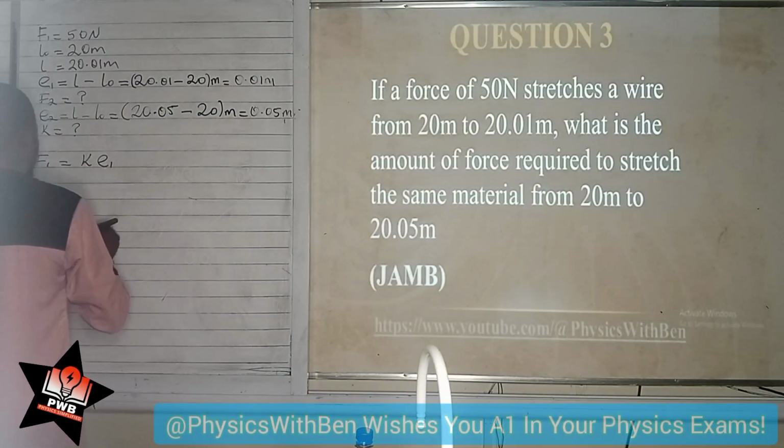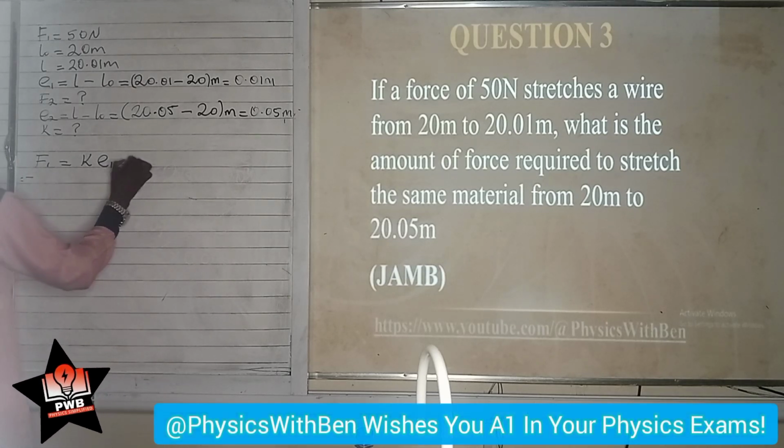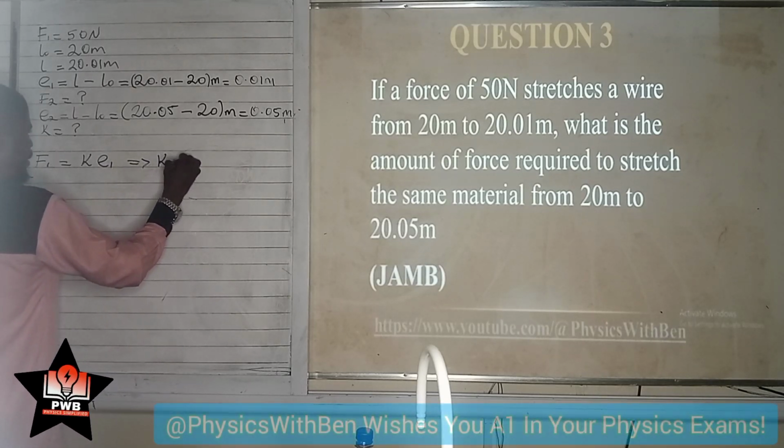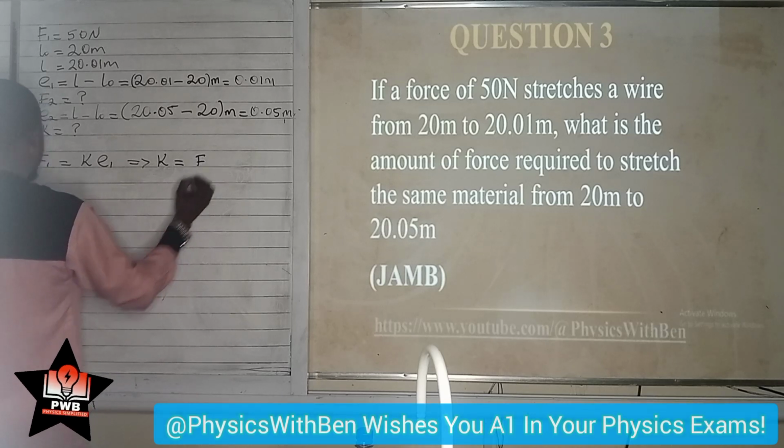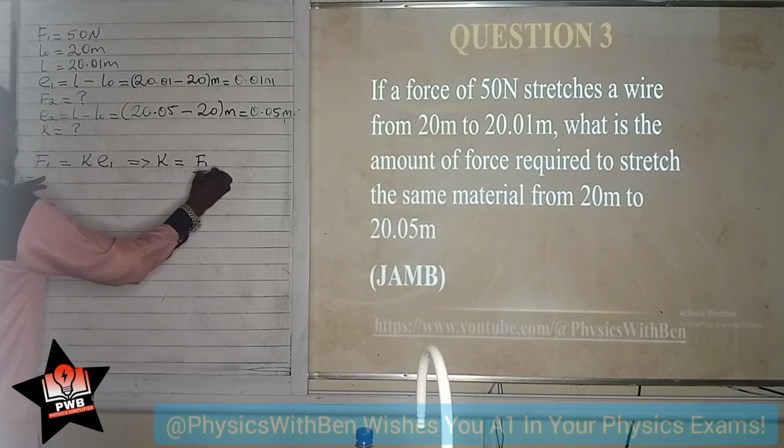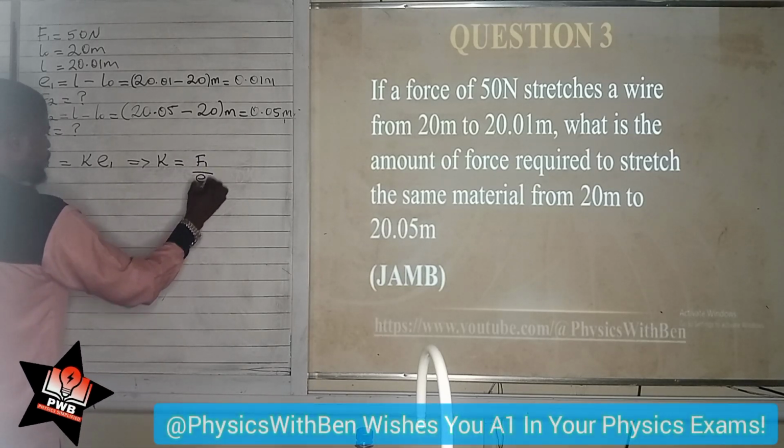This implies that our K is equal to F1 divided by E1.